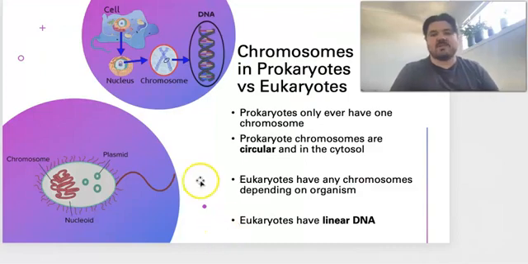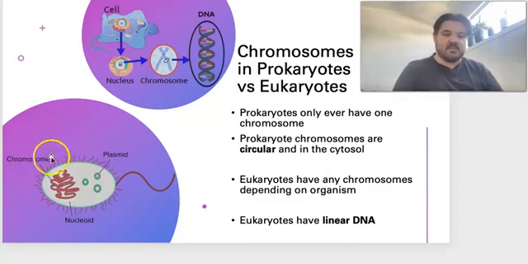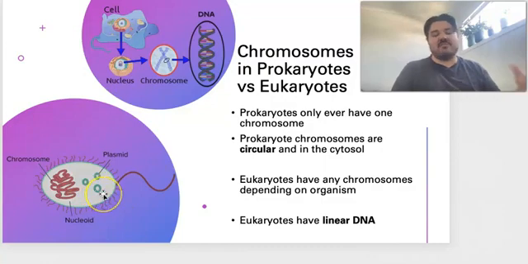Moving on, we're looking at chromosome differences in prokaryotes and eukaryotes. Prokaryotes, hopefully you do remember from year 11, are really, really simple. Prokaryotes are cells that are super simple, as we can see here. They do not have any membrane-bound organelles. They're very, very basic organisms.